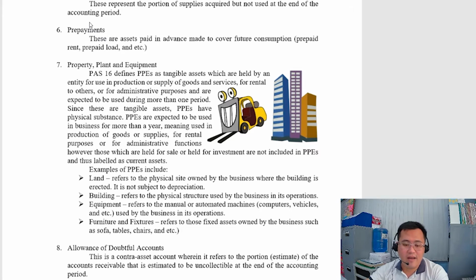Allowance for doubtful accounts, this is a contra asset account which refers to the portion or estimate of the accounts receivable that is estimated to be uncollectible at the end of the accounting period. Say for instance, a customer owed you 100,000, and he promised to pay at the end of the month.